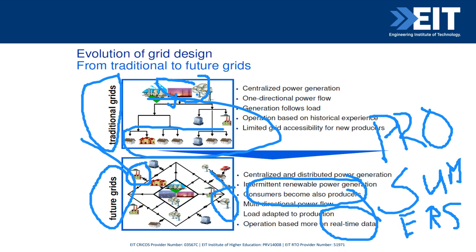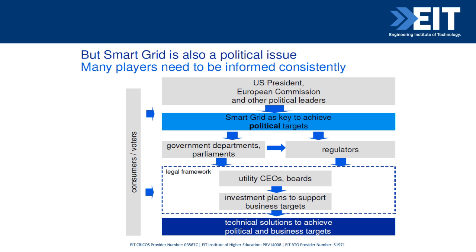So, one thing has just become very clear. The smart grid has become a political issue. I've heard the US president talking about it, the European Commission talking about it. Everyone has got a political target.